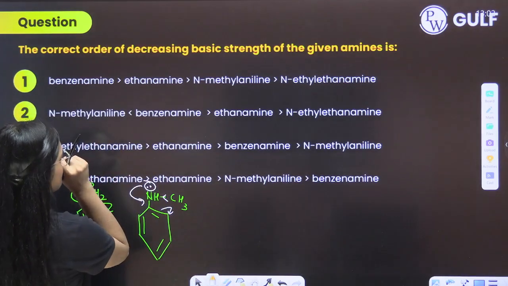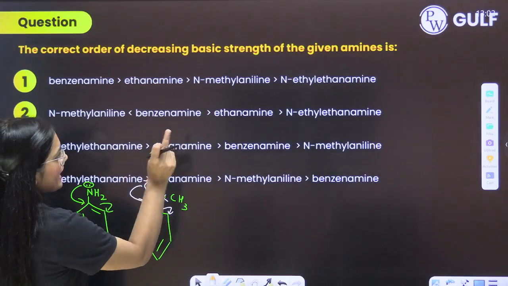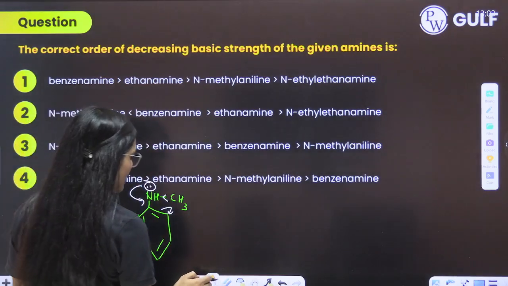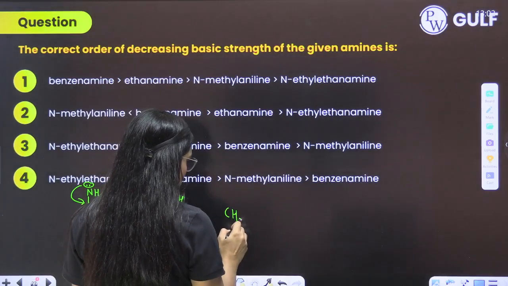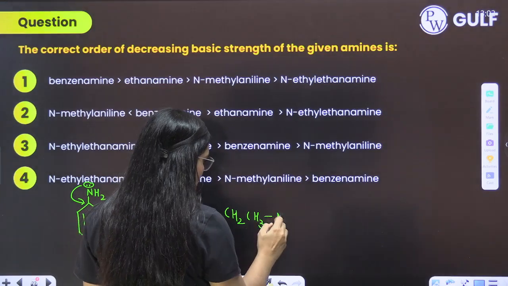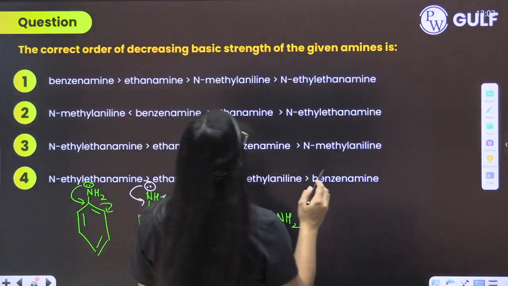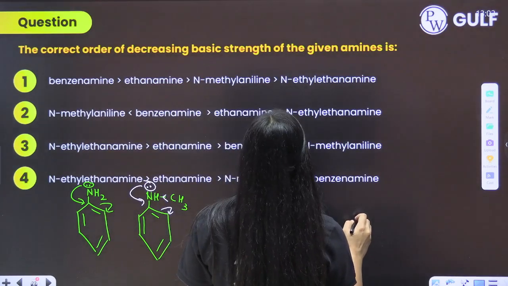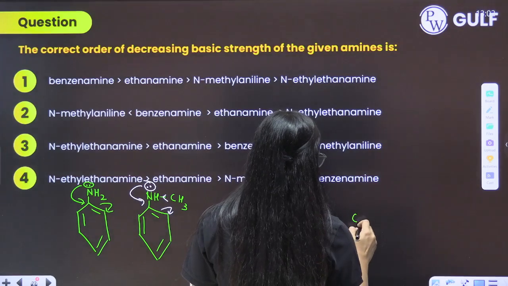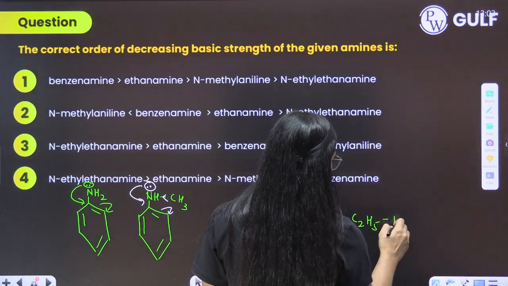Next we have N-ethylethanamine and ethanamine. Ethanamine is CH2CH3NH2. And then you have N-methylethanamine and ethylethanamine, that is C2H5NHC2H5.